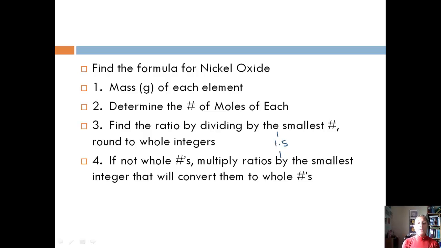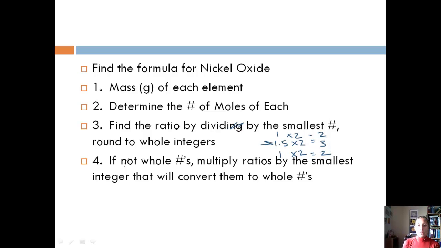So we need to multiply all of our ratios by some integer in order to convert them to whole numbers. If you're not sure what integer would work, start with 2 and keep working your way through until you get one that works. I know that 1.5 times 2 is 3. Oh, there we go. And so I'm going to multiply by 2. But if I multiply this ratio by 2, I have to multiply them all by 2. And so now that ends up with a ratio of 2 to 3 to 2.